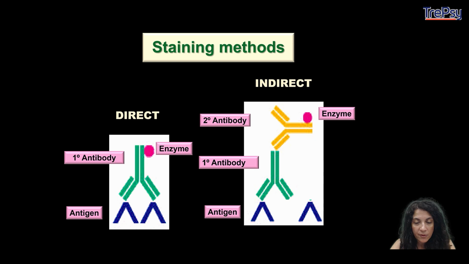That is the direct method. But in the indirect method, you have the first antibody and you have the second antibody bound with HRP enzyme. So we have two antibodies in the indirect method.